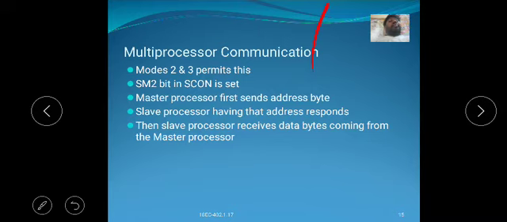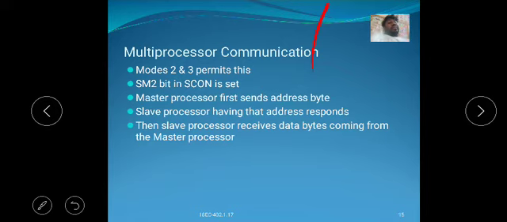The master processor first sends the address byte, the slave processor having the address responds. Then the slave processor receives the data bytes coming from the master processor.